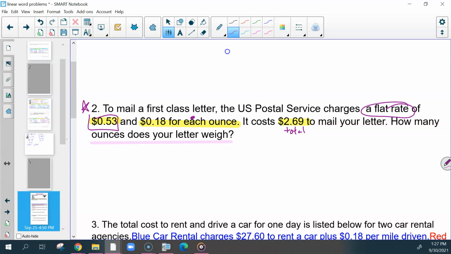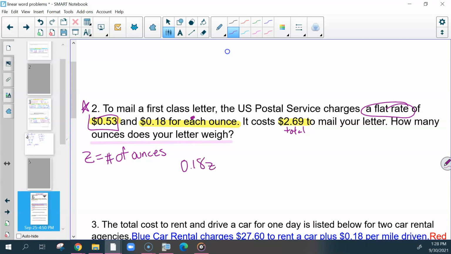So first I'm going to define the variable. I'm going to say Z. You could use O for ounces. I prefer not to because then the O sometimes looks like a 0. And this is going to be the number of ounces that the letter weighs. So from there, I know a flat rate of 53 cents, and I know 18 for each ounce, 0.18 for each ounce.